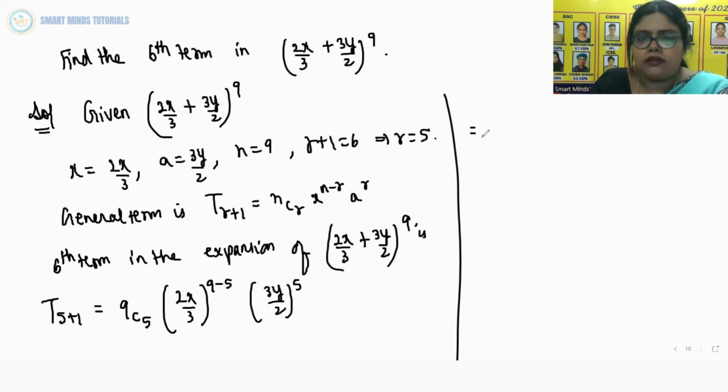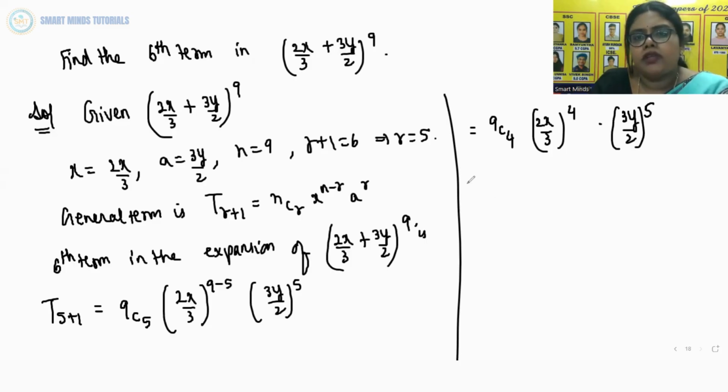So that is 9C5, which can also be written as 9C4, then (2x/3) whole power 4 and (3y/2) whole power 5. Now 9C4 can be written as 9 into 8 into 7 into 6 by 4 factorial, 4 into 3 into 2 into 1.